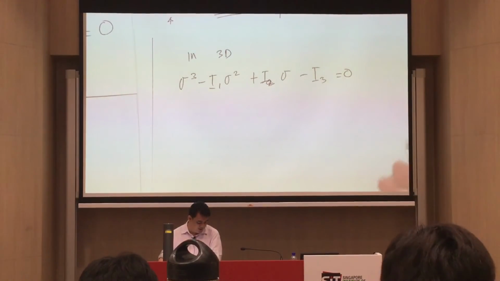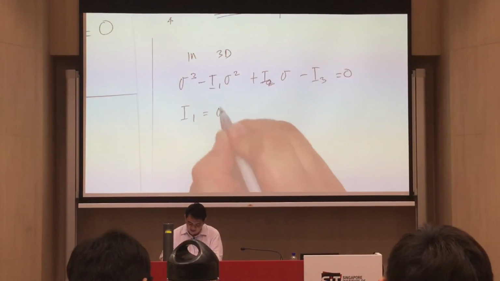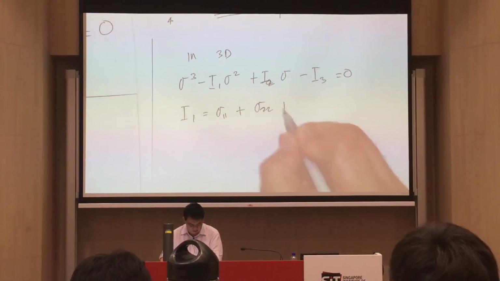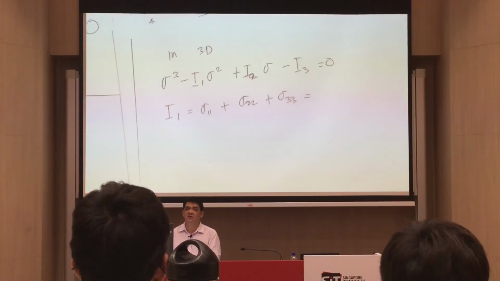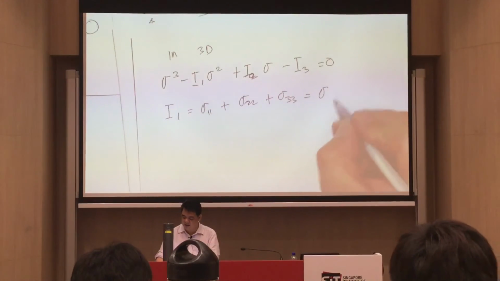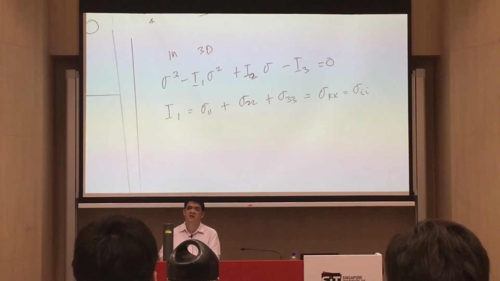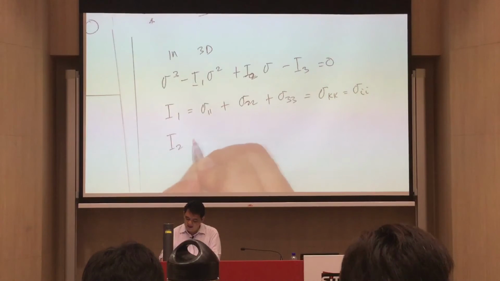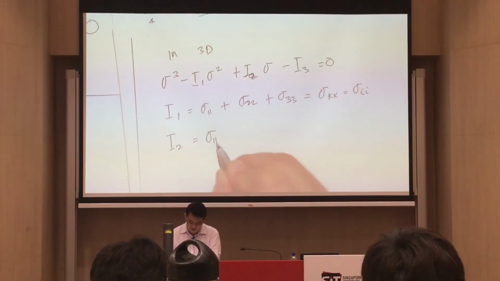And what are these values? This one is in your notes. Invariant 1 is sigma 1 1 plus sigma 2 2 plus sigma 3 3, or this can simply be sigma kk or sigma ii. Take note, it's just a dummy index. The second invariant, I'm just copying the equations now.